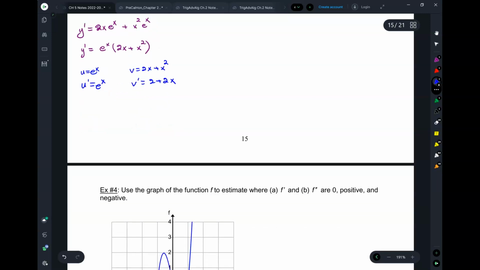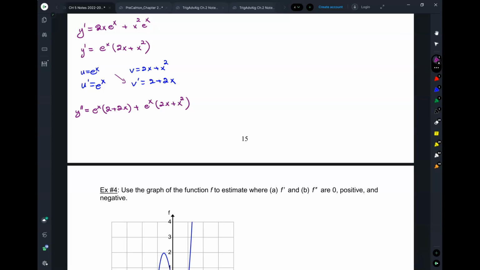Okay? So what's y double prime then? It's going to be e to the x times this, right? So it's e to the x times 2 plus 2x plus e to the x times 2x plus x squared. Okay, so now do you see how we're going to factor out the e to the x again? Yeah.